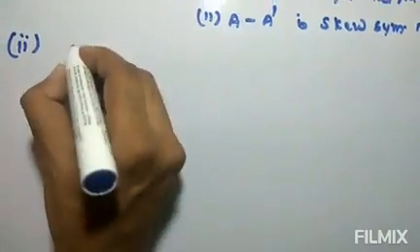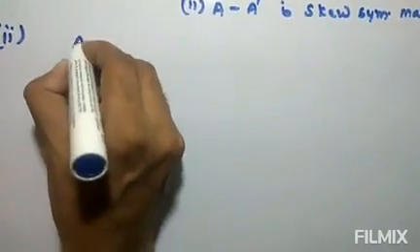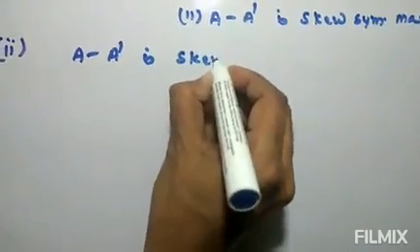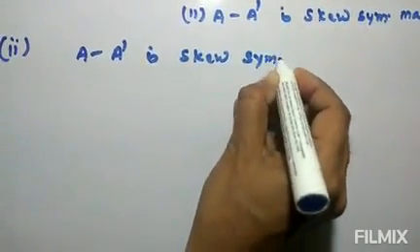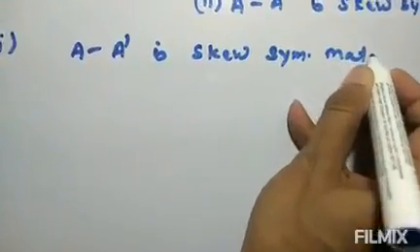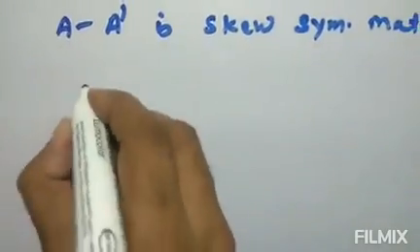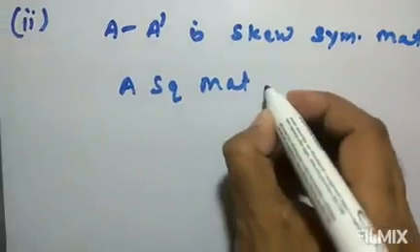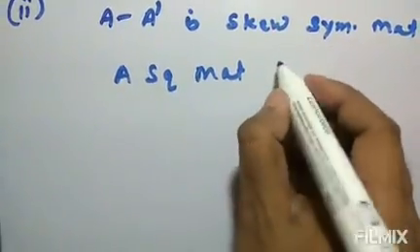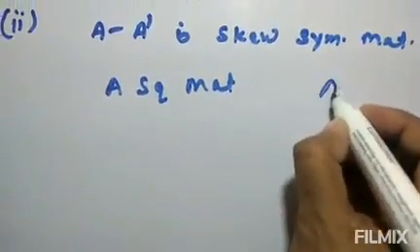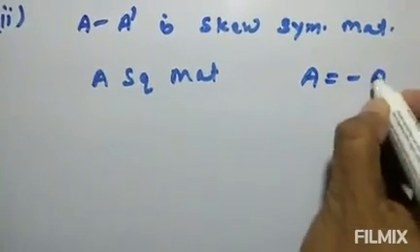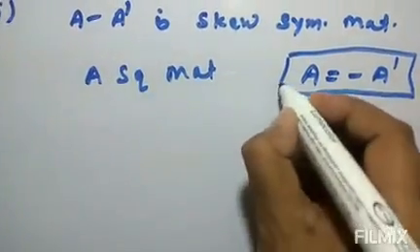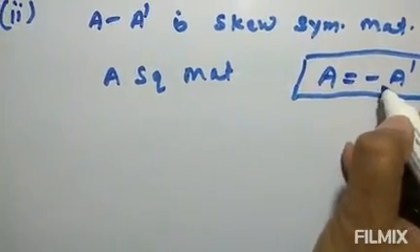Second case, A minus A dash is a skew symmetric matrix. It means suppose A is a square matrix, it is said to be skew symmetric if A equals to minus A dash, which is the main condition for a skew symmetric matrix.